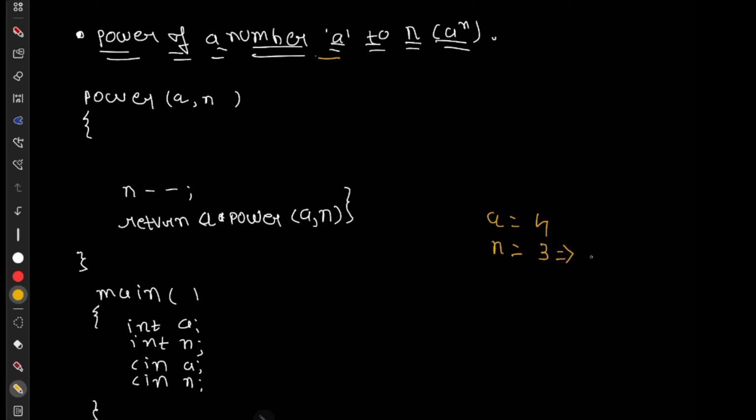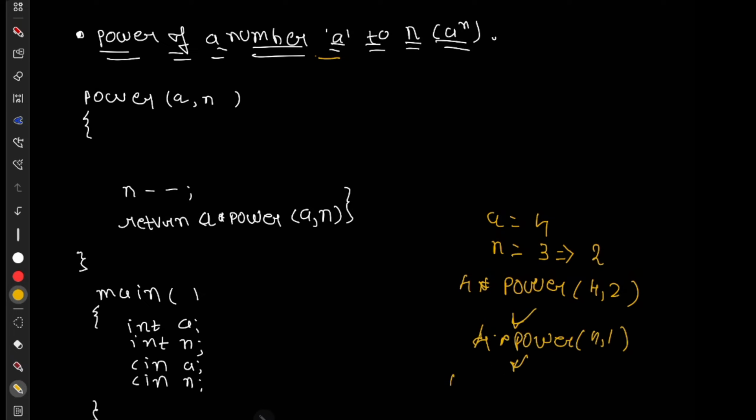So the value of n is 2, and this gives 4 into power of 4 comma 2, then 4 into power of 4 and 1, then 4 into power of 4 and 0. When n becomes 0, this is our base case and from here backtracking starts.